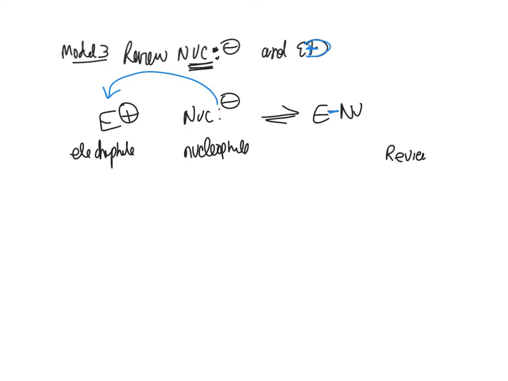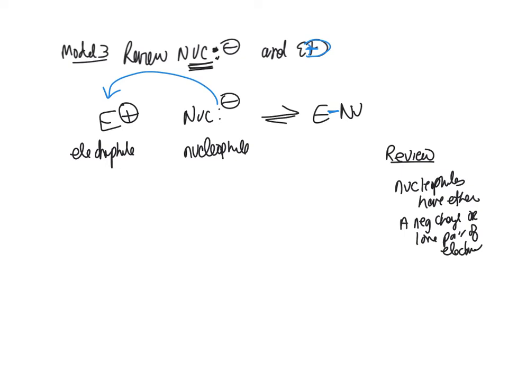So review information. Nucleophiles have either a negative charge or lone pair of electrons. And electrophiles have either a positive charge or a good leaving group.